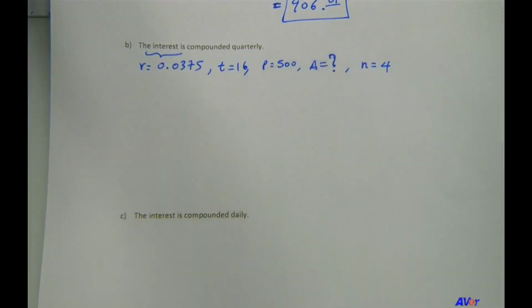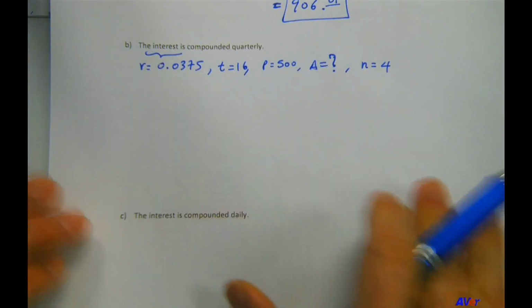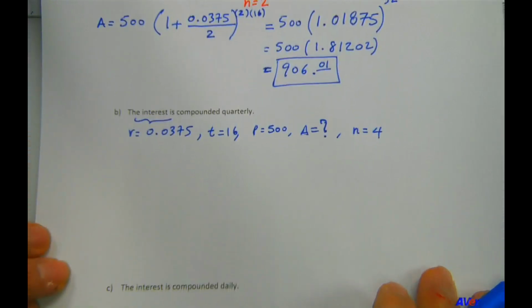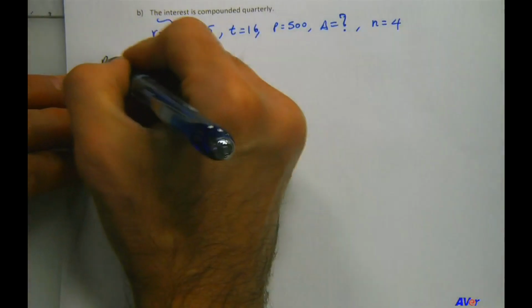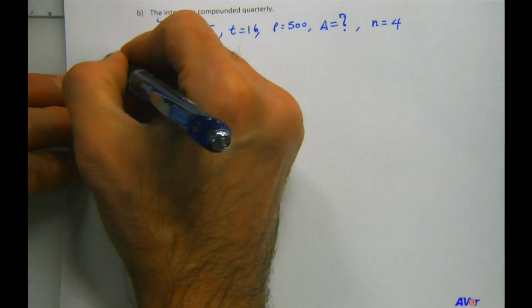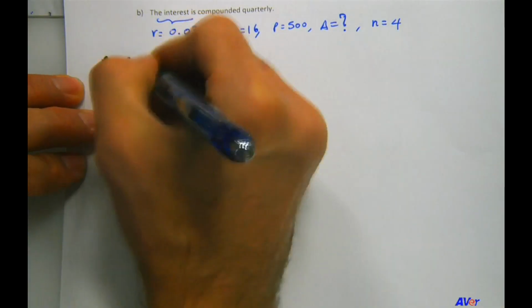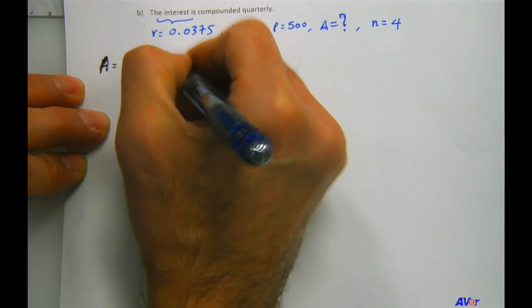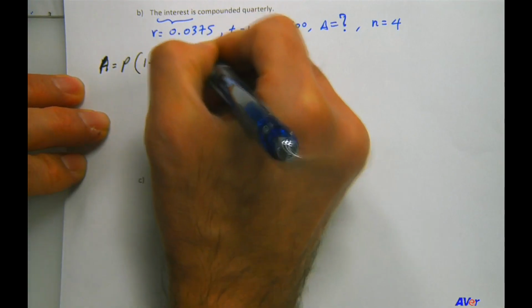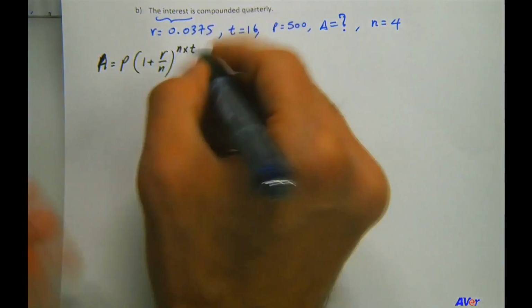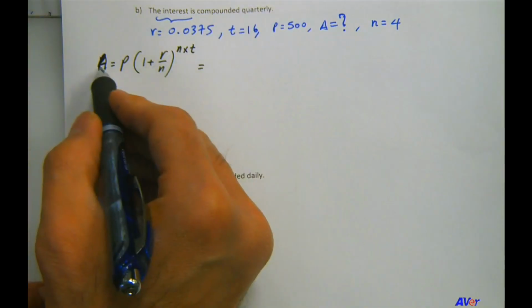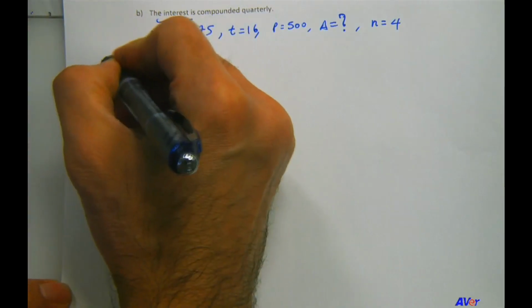So once again, we're going to plug in that formula. Let me write the formula here so it's in front of us. A equals P times 1 plus R over N to the N times T power, right? That's the formula. Now we're solving for A, or the future value.